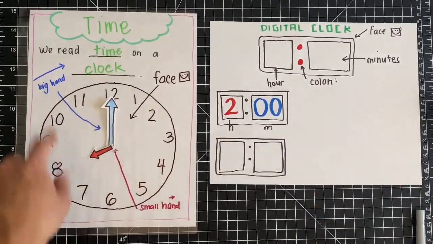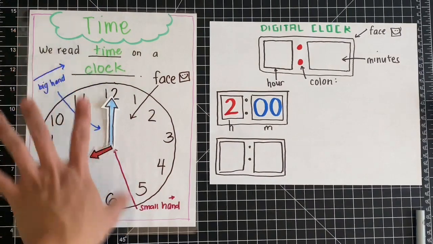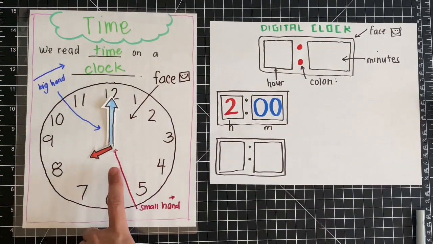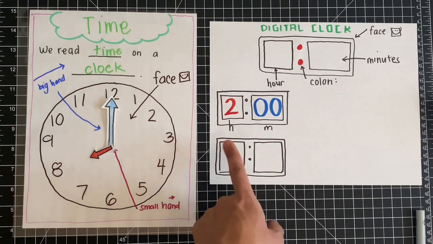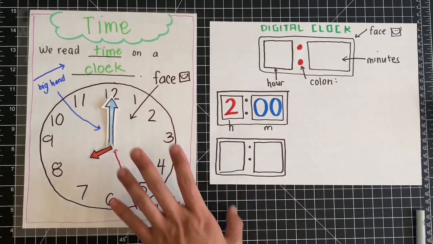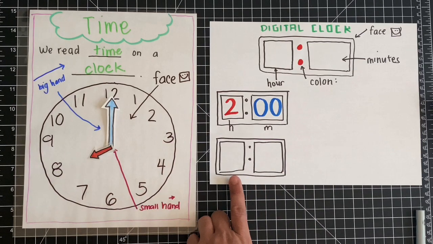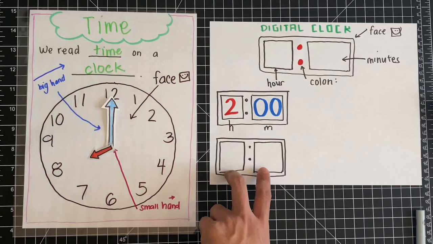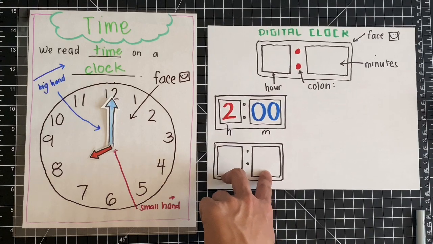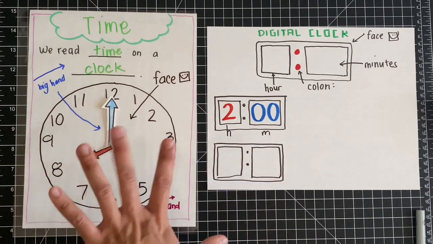Mr. Junie changed the time on his analog clock, and I want you and your families to read this on your own. And on another piece of paper, Mr. Junie drew another little box to represent a digital clock. All you have to do is fill in the boxes with the right time. All right, friends? So I'm not gonna do this part.